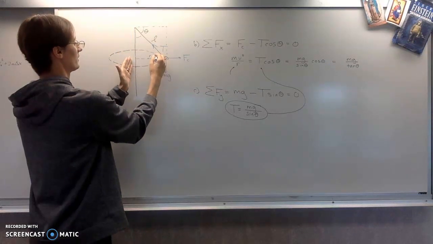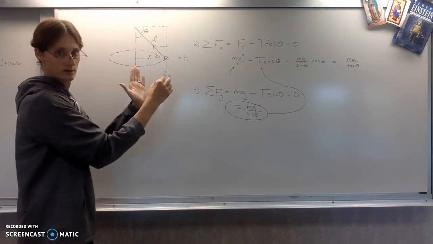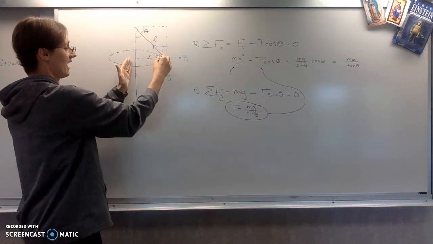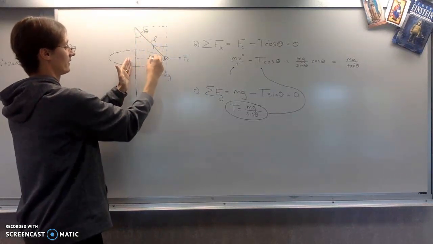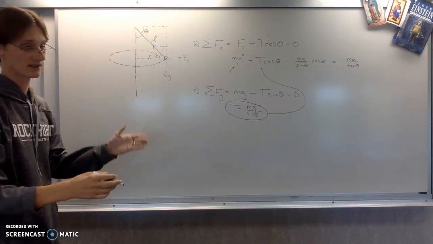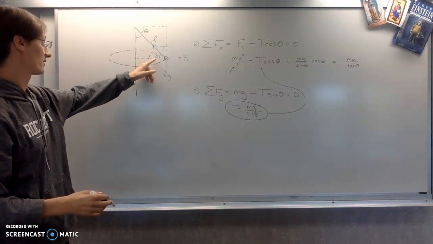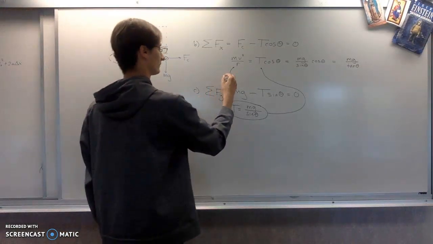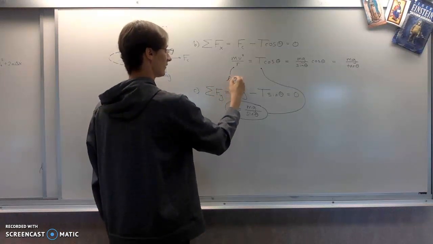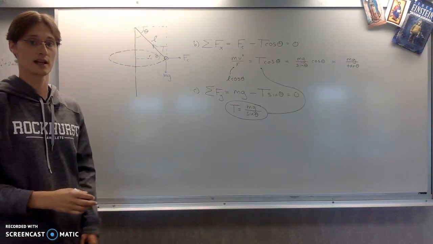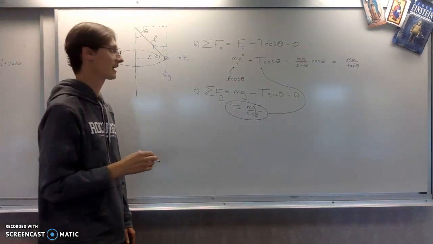Or I guess I could be using this down here. Either way, the hypotenuse is L, and the angle here is theta, and the radius is the adjacent side. So that means that the radius would be L cosine theta. If you're not comfortable with that, then you should draw out that triangle and go through the trigonometry and solve for it, see if you can make it work.